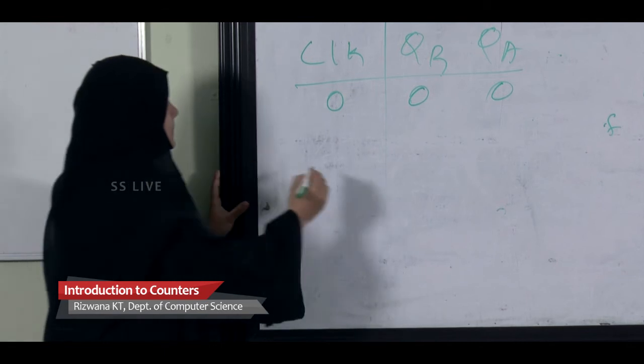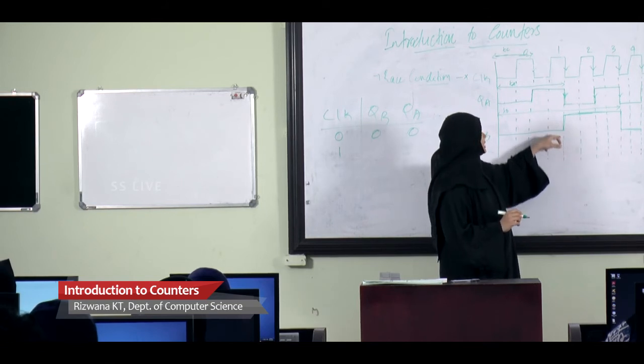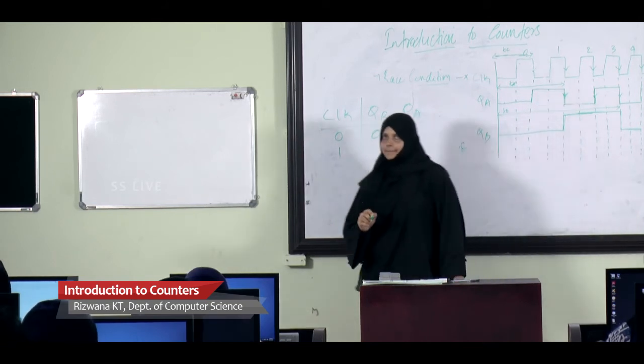When the clock is 1, in the first clock pulse we will see the value of QA and the value of QB. Here QB is 0 and QA is 1.